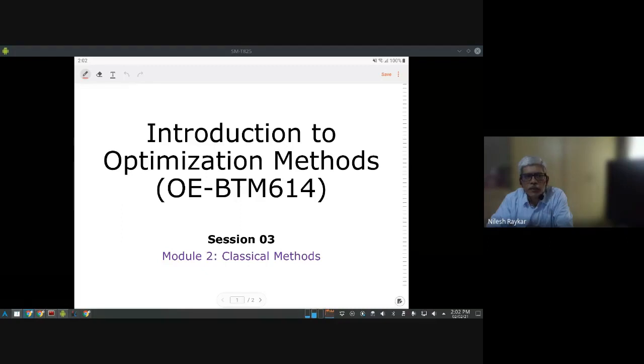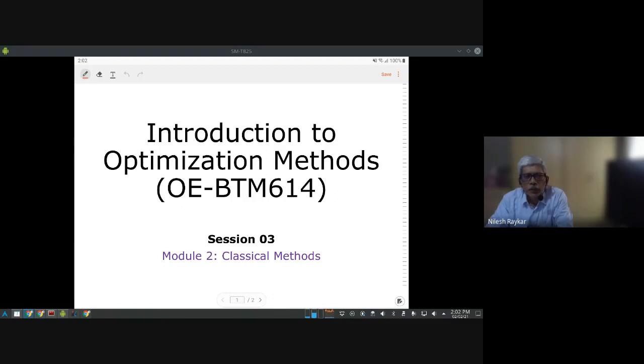Here classical method means calculus based methods. And later on in the next session, we will look into how to deal with optimization problems which are having inequality constraints. So that is the way we will move ahead from this point onward.